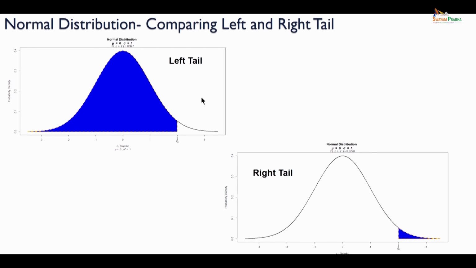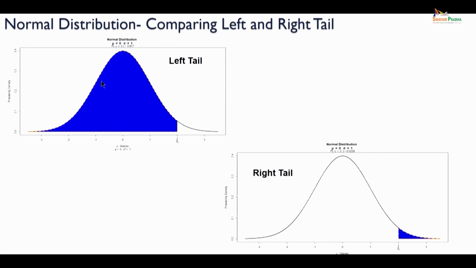Now if you compare left tail and right tail, we know the area under the curve is 1, and on top left I have the left tail normal distribution, and I have a corresponding area of 0.977. On the bottom right I have the right tail normal distribution. The area corresponding to the shaded region is 0.0228. So if you add both these values, you will get 1.